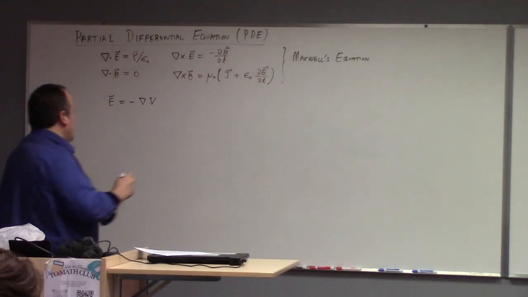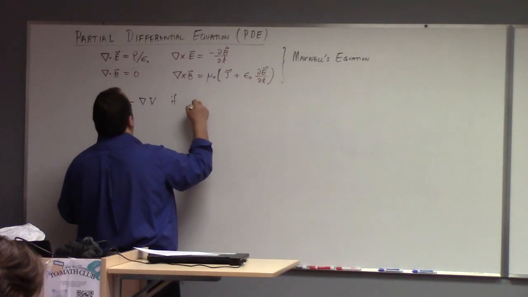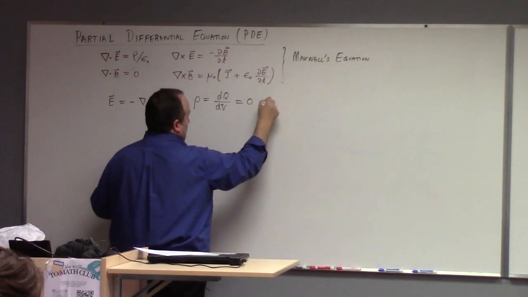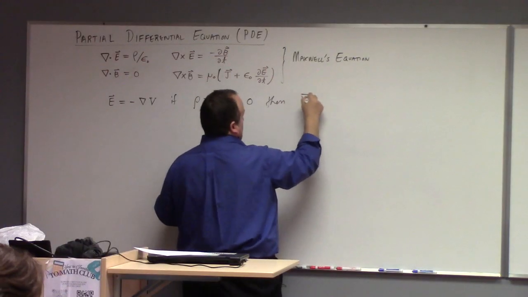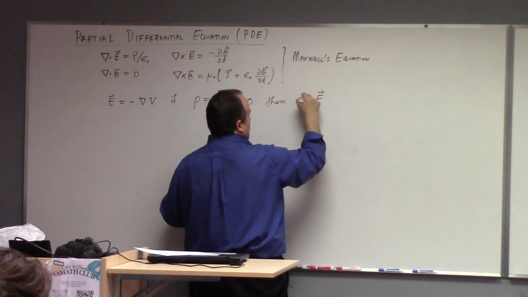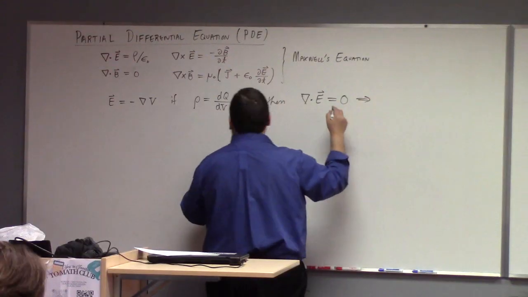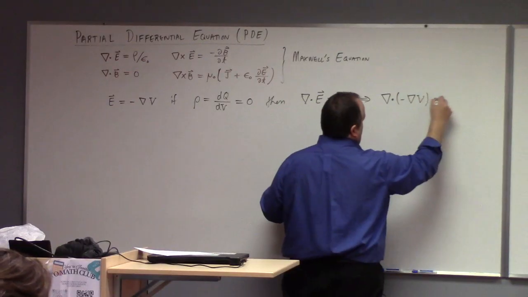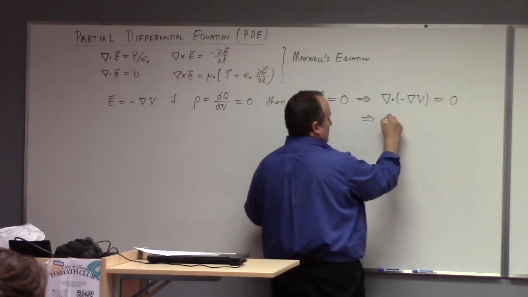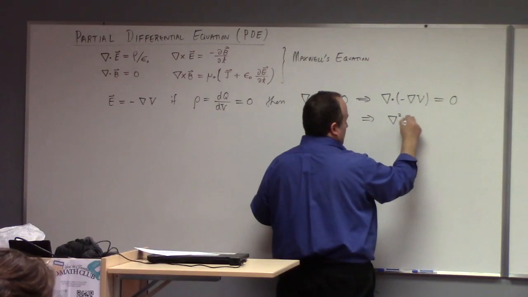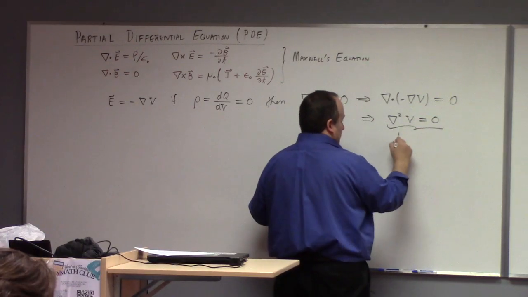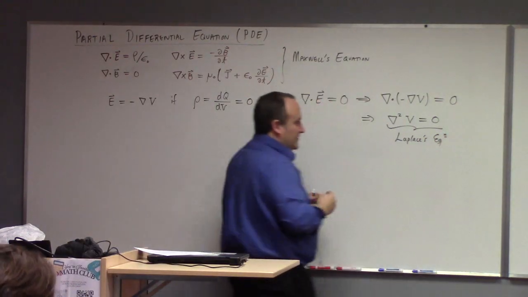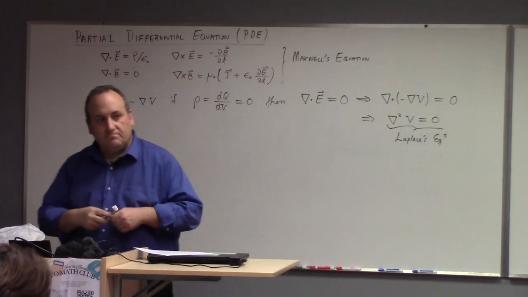And if the charge density rho, which is dq dv, is equal to 0, then Gauss's law becomes the divergence of the electric field is equal to 0, but that becomes the divergence of minus the gradient of the voltage function is equal to 0, which gives us what's called nabla squared v is equal to 0. So this is called Laplace's equation. And this is something we'll learn to solve in here.